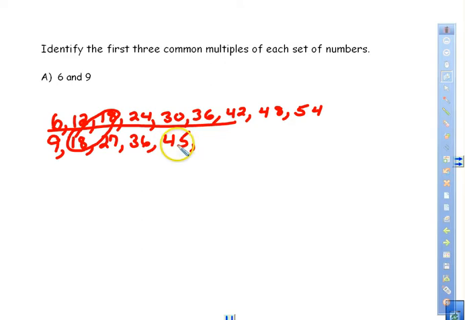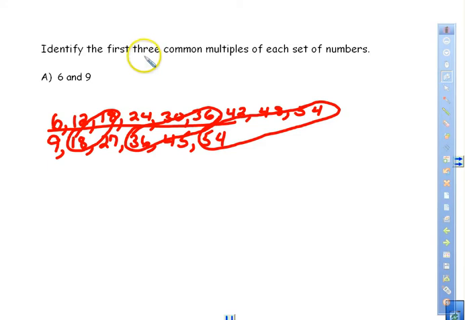And 9 onto 45 would then give me 54. And I can see that now I do have some common numbers as I go back and compare. I've got a 36, and there's no 45, and then there's a 54. And again, I'm looking for the first 3. So my answer to this is 18, 36, and 54.